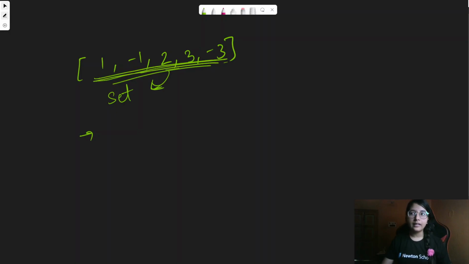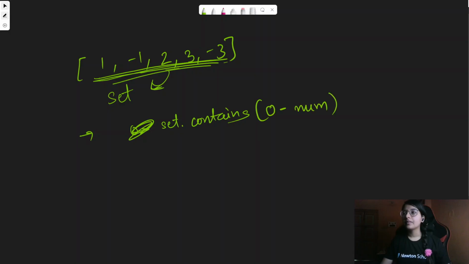We'll check whether 0 minus num exists, using set dot contains, writing it here. If that exists, then we will check for our answer, what is the maximum out of answer and our num.